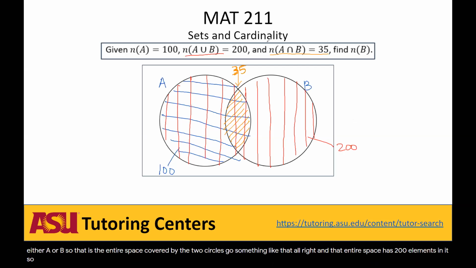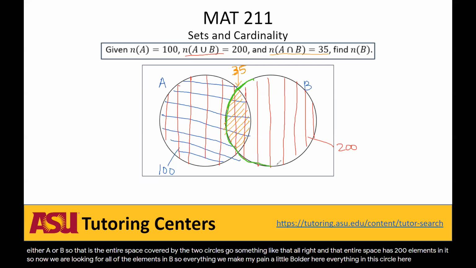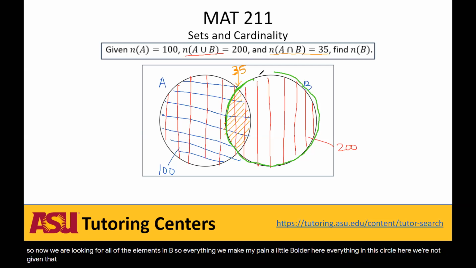So now we are looking for all of the elements in B. Let me make my pen a little bolder here. Everything in this circle here. But we're not given that. We're given these other values, but we can work backwards to get to that circle. So let's first think of what we have.